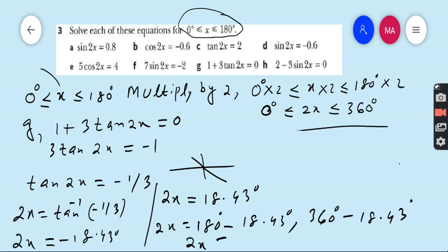So 2x is equal to 180 minus 18.43, which is 161.56, and 360 minus 18.43, which is 341.57.